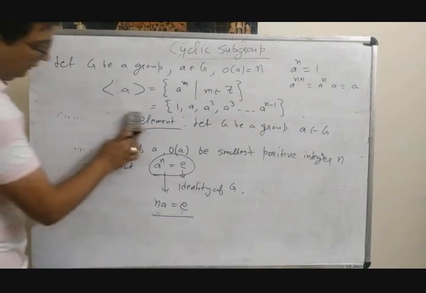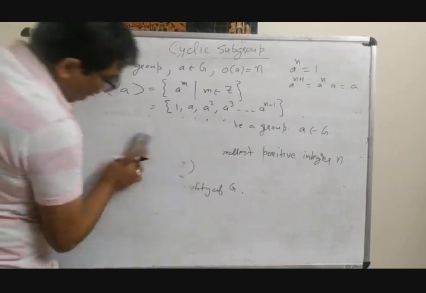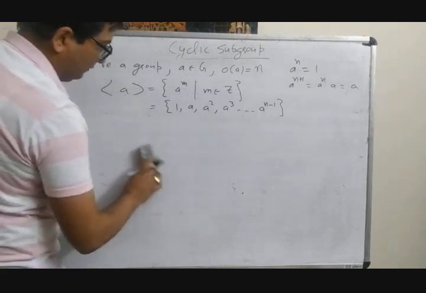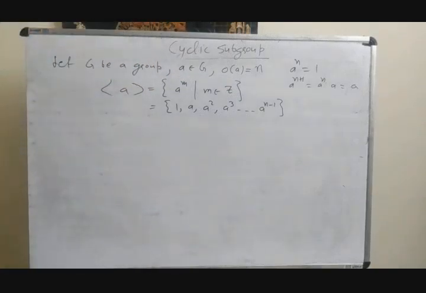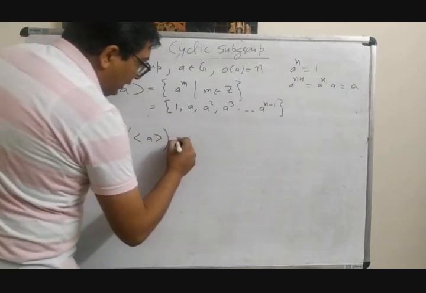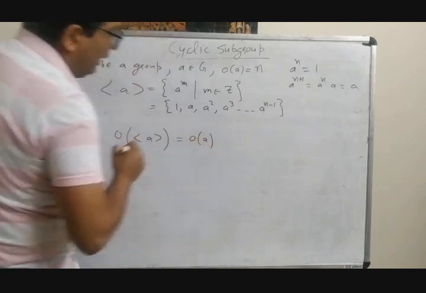So what is the finding here? The finding is that the order of the subgroup generated by A is equal to the order of the element.